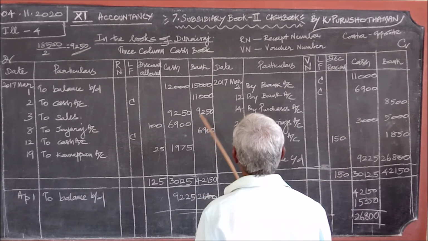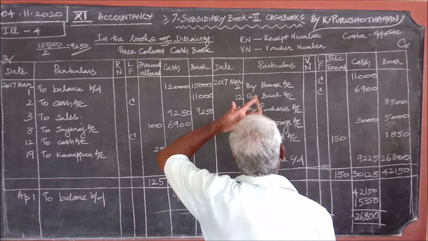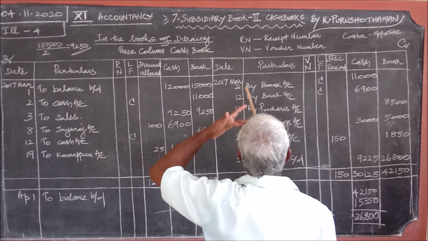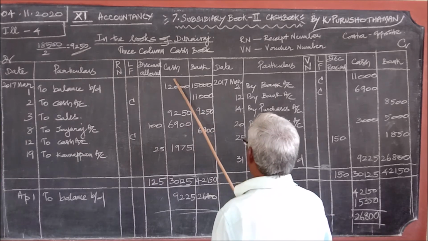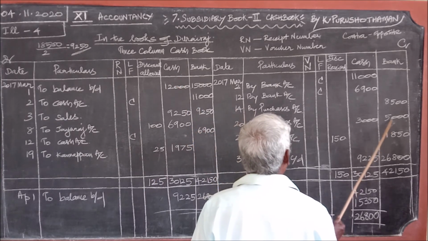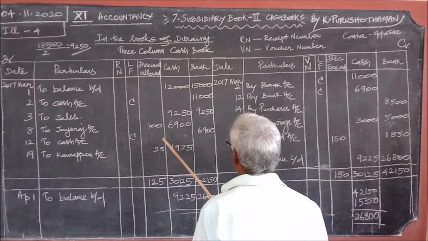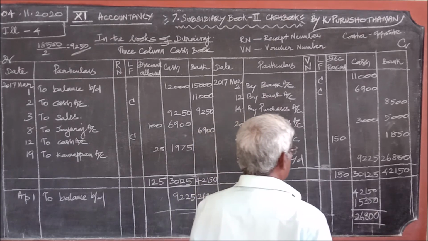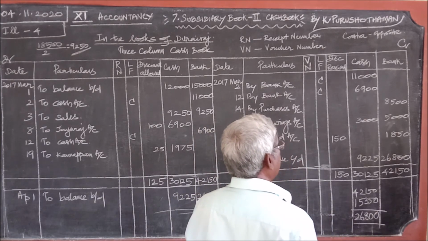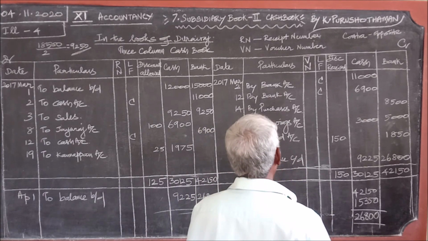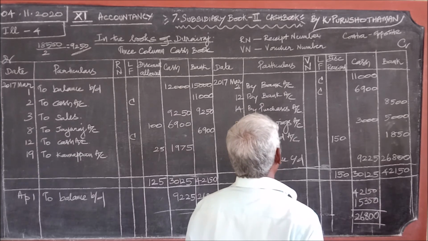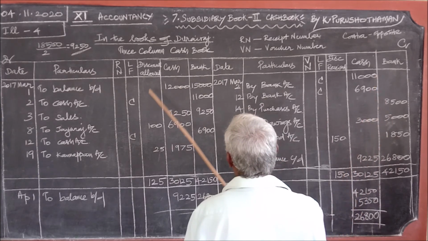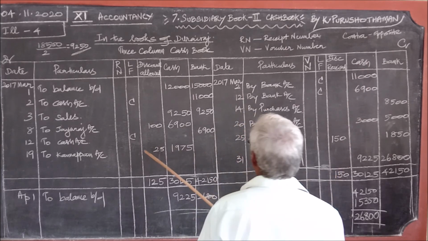Both the sides we will pass in. When the same amount is withdrawn from the bank la irundhu panam edukuronnu vechinga, appo cash ulla varum, from the bank it goes out. And therefore, for depositing the amount and for withdrawing the amount for business, there will be entries on both the sides, which are called contra entries.